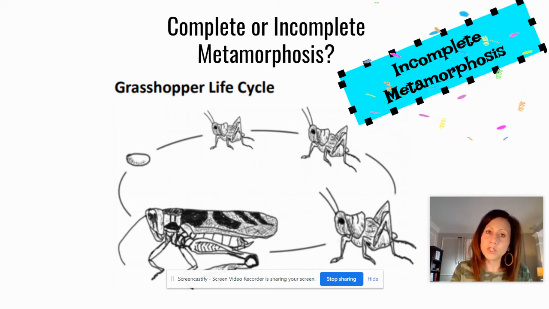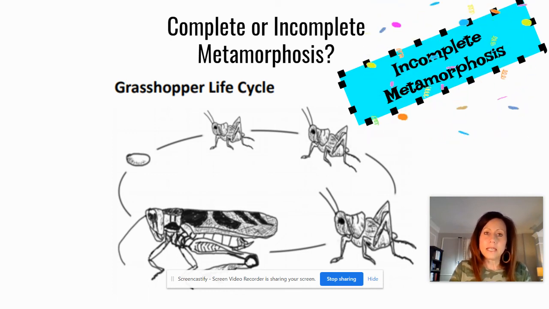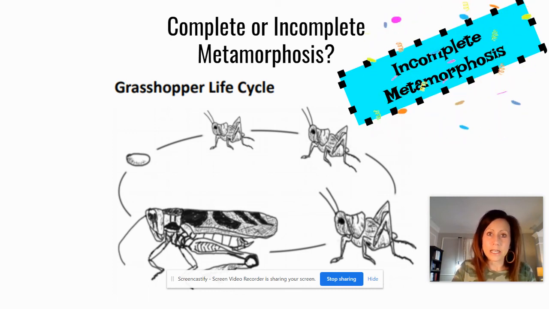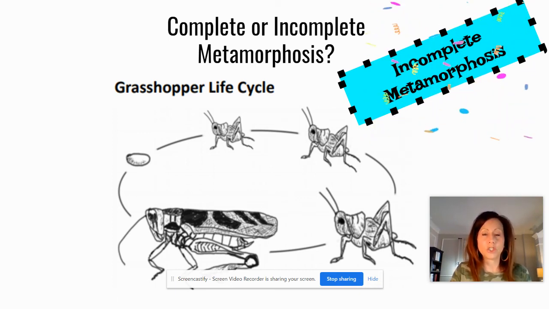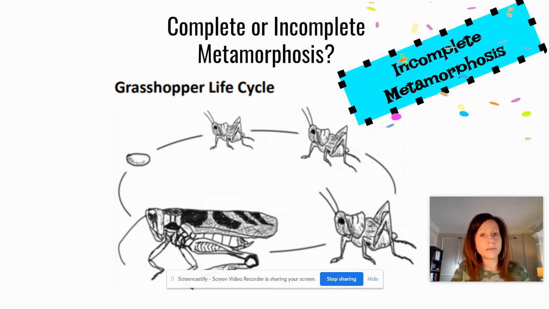And the nymph and adult, remember, in an incomplete metamorphosis look very similar all throughout those stages, except the adult gains wings. In complete metamorphosis, the insect is going to go through some drastic changes: an egg to a caterpillar worm-like insect, and then to a cocoon, and then lastly to an adult insect that looks very different from the way it began.